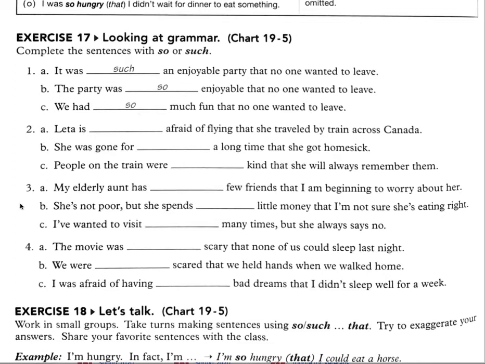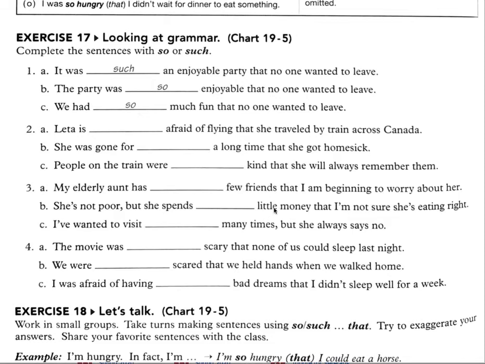Okay, let's look at number 3A. My elderly aunt has blank few friends that I am beginning to worry about her. So here you have our blank and then you have few, an expression of quantity. So you're going to say, so. B, she's not poor, but she spends little money that I'm not sure she's eating right.